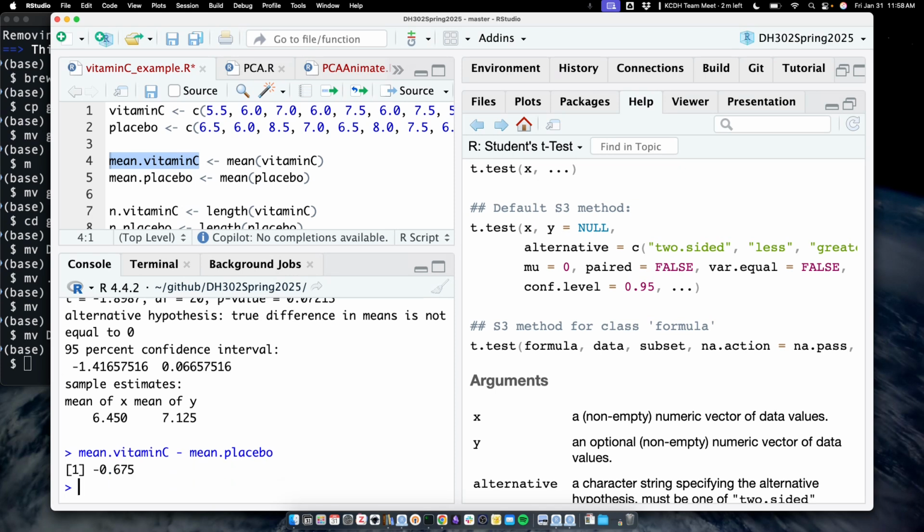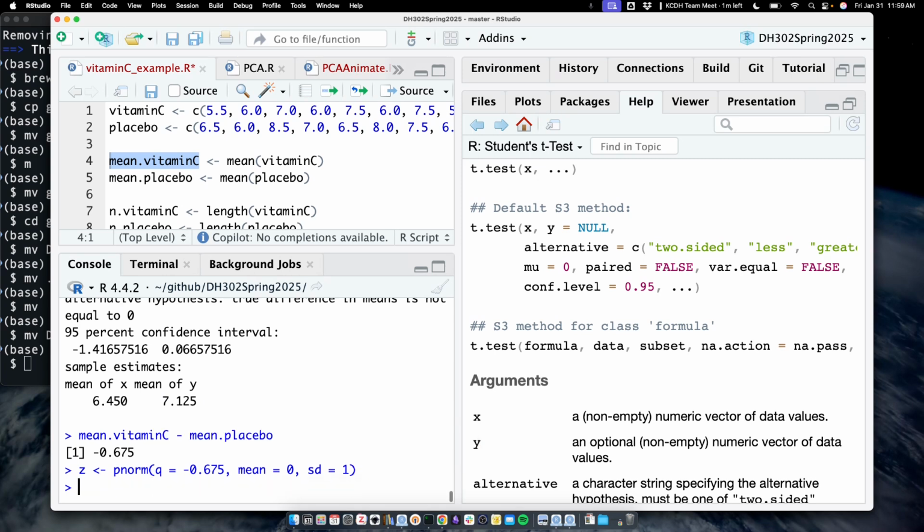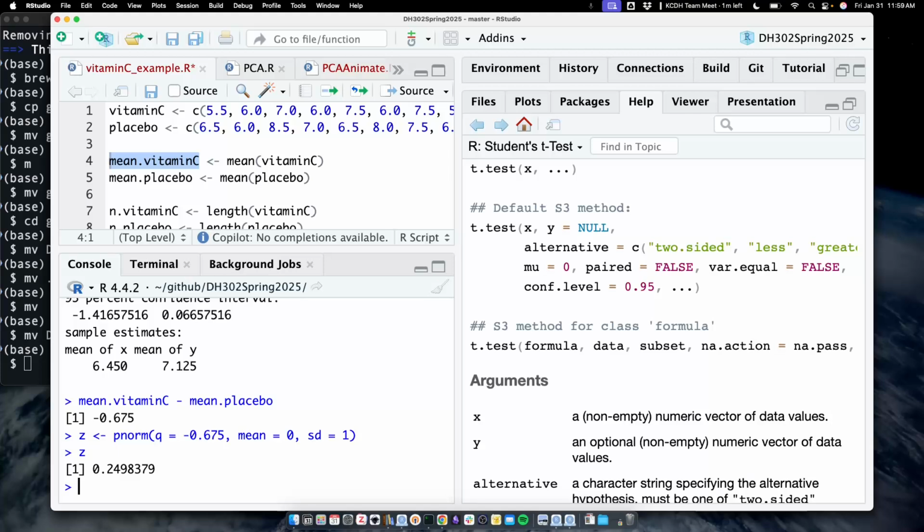If I assume this to be a standard normal, which it is not, I could just ask what is the probability of seeing a value as extreme as minus 0.675. Okay. So this is 0.249. It's very, very small. I'll multiply this by 2. If you're looking at just a minus 0.675 difference, you're located somewhere close to 0.